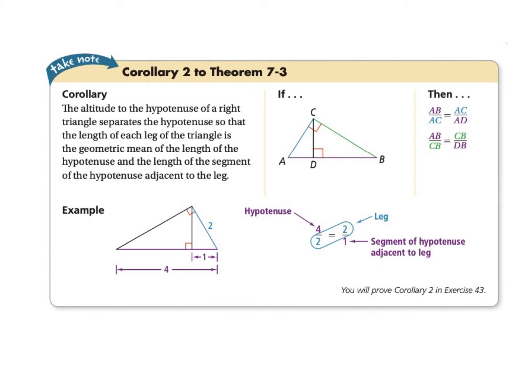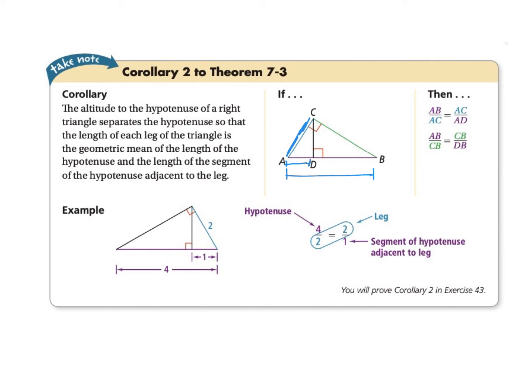So what that means is AC, which is here, is going to be the geometric mean of AB, which is the entire hypotenuse, and AD, which is the smaller segment of the hypotenuse.